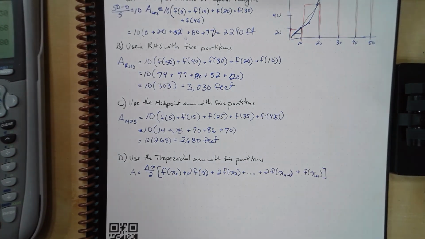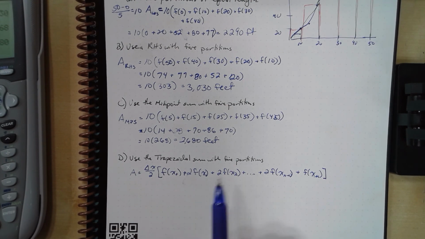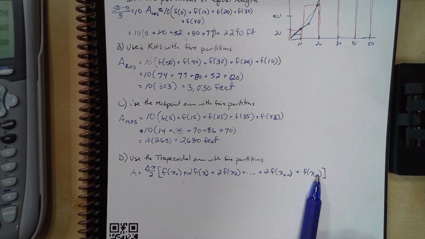So you can see that we have our delta x over 2 times the first term, plus 2 times all the in-between terms, plus the last term.